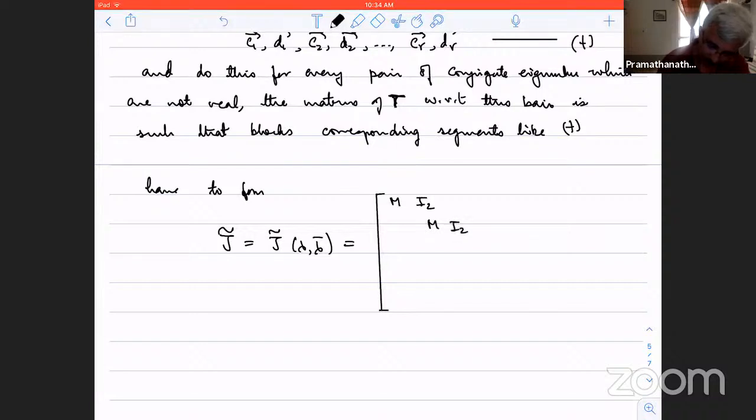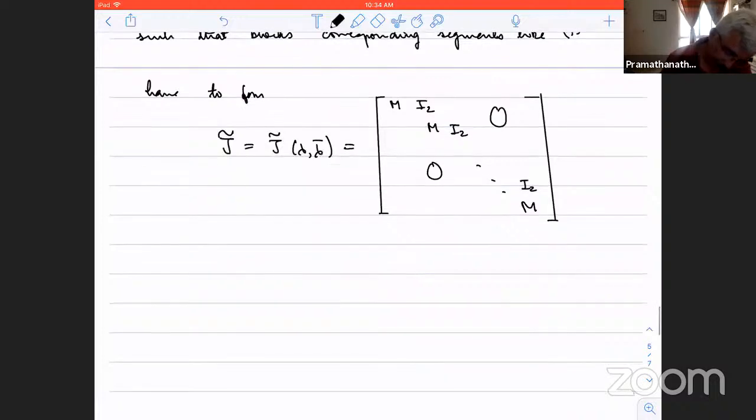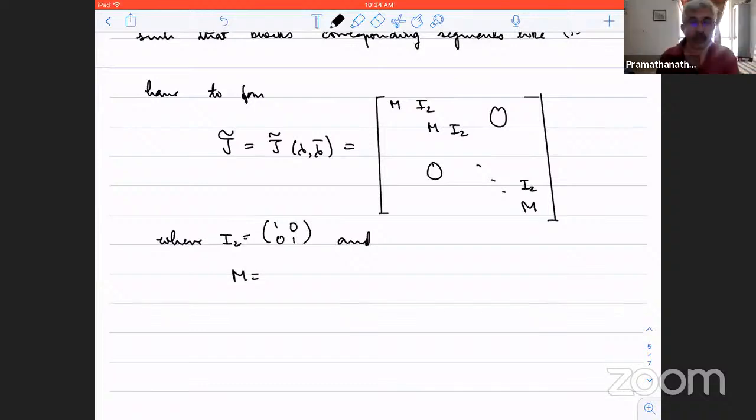Keep me honest, because this is on the diagonal and this is above the diagonal. Where I2 is, of course, 1, 0, 0, 1, and M is of the form a, b, minus b, a.